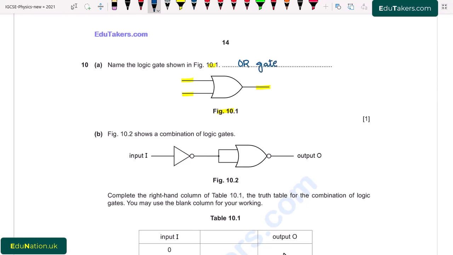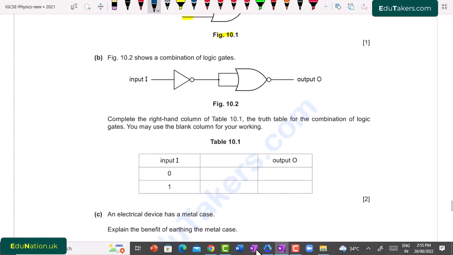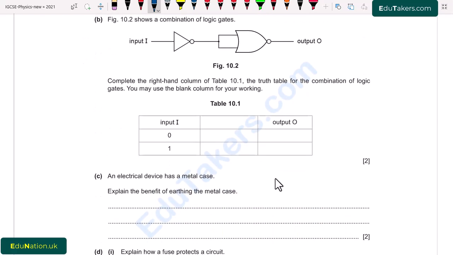Part B. Figure 10.2 shows a combination of logic gates. Here is figure 10.2 and there is a single input I and a single output O. So this gate is basically a NOT gate.